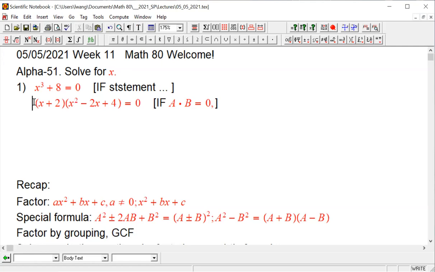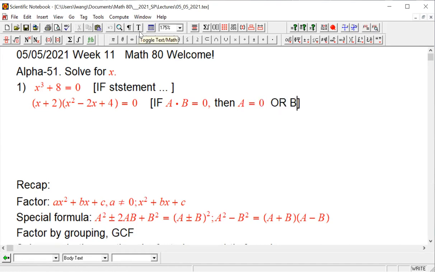So that's the perspective. And then we're going to follow principle number 5. We know that either A is 0 or B is 0, or both are 0, who knows? But A is 0 or B is 0.